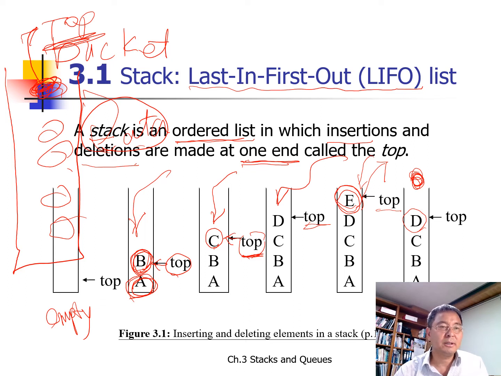So in this figure, the bucket shape is a stack. A stack is a data structure that holds many data, but it has a special operation characteristic: insertion and deletion always happen at the top.